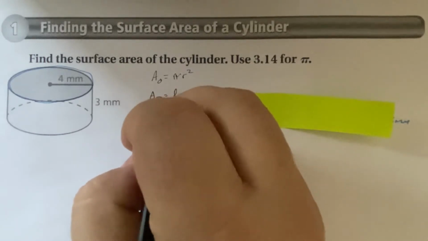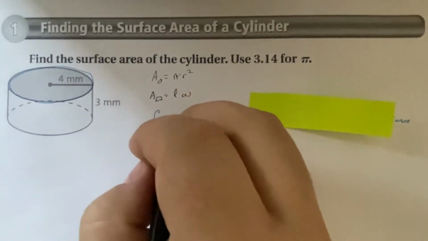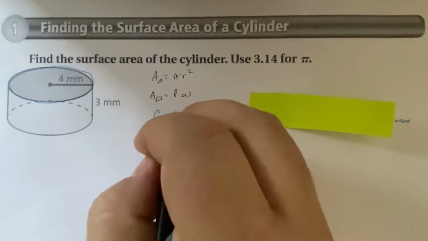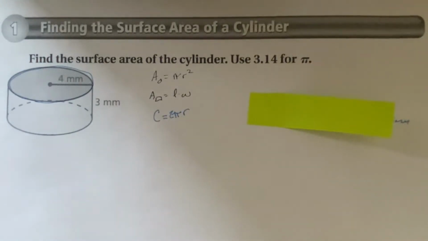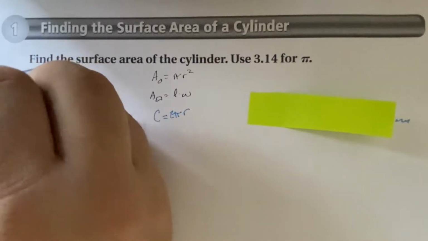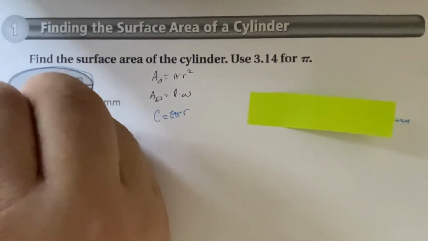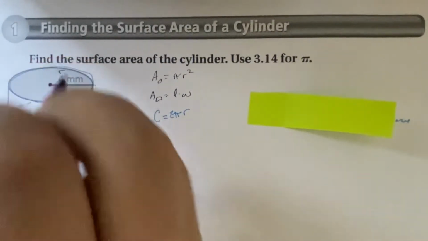Now that's called the circumference, and that is equal to 2 pi r. So it's going to be key to know what r is. Well, r is the radius, and the radius is center of the circle to the edge. So my r is actually 4.